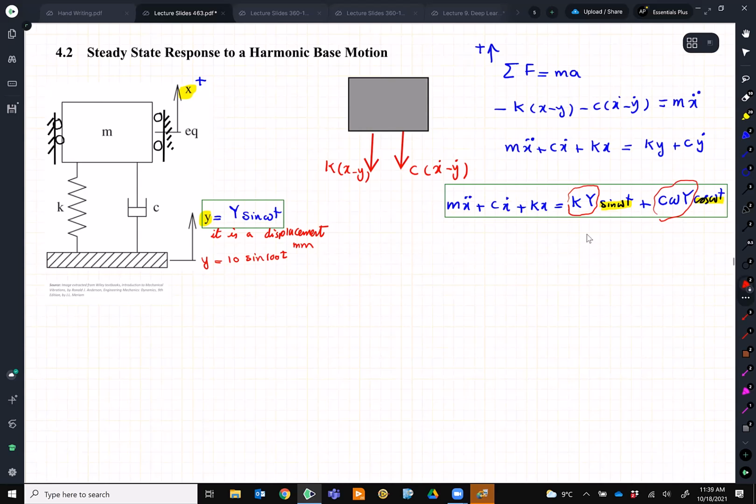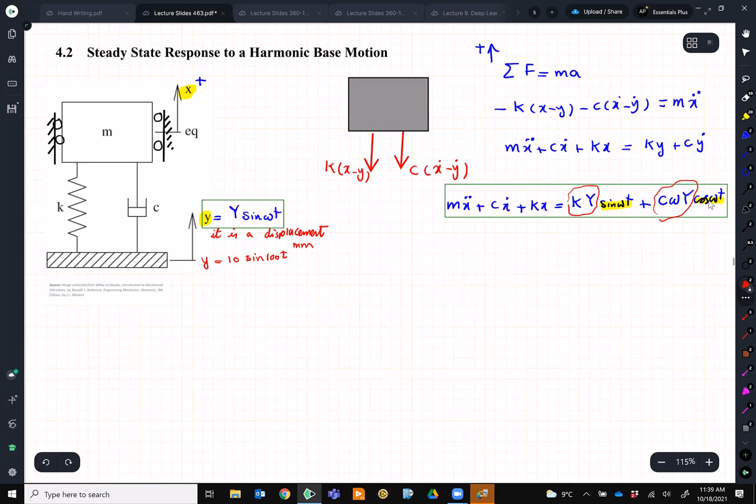All right. And luckily, we can use the superposition property. Why? Because we assume the vibrations are small, the displacements are small, and this differential equation we can solve linearly. So we can use the superposition property. It means I can solve this equation one time, pretend that I have only k Y sine omega t, and I solve it again, I pretend I have c omega Y cosine omega t.